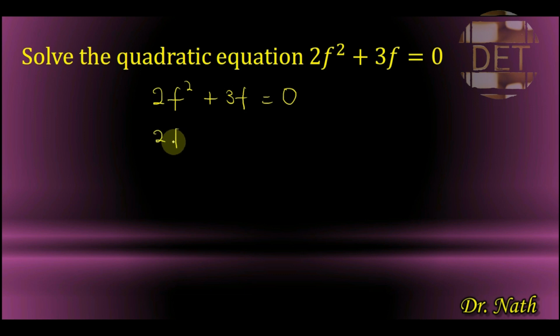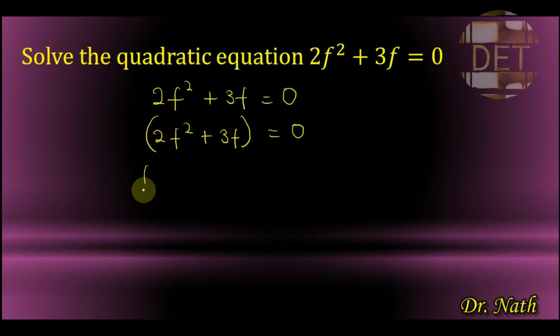So this is 2f squared plus 3f, open bracket, close, is equal to 0. What I will do is to factorize this expression by looking for the number or the letter that is common between these two terms. Obviously what is common is f.